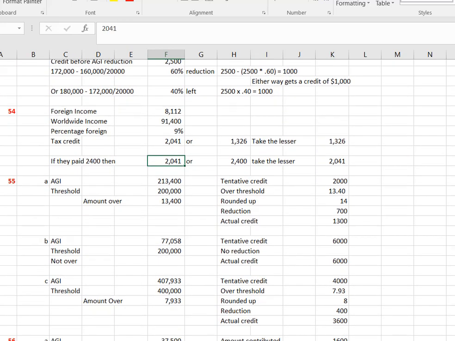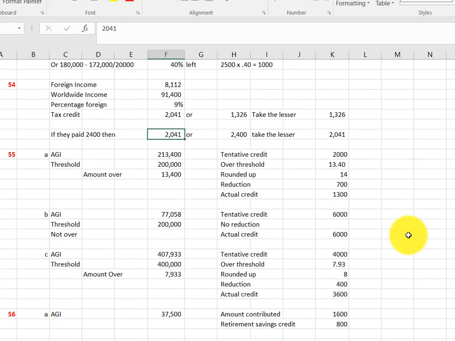So 55, we are looking at the child tax credit and how it phases out. So the first one, we have a single parent, threshold is $200,000 for everybody single. We're over the threshold by $13,400. We had one child, so the tentative credit starts at $2,000.